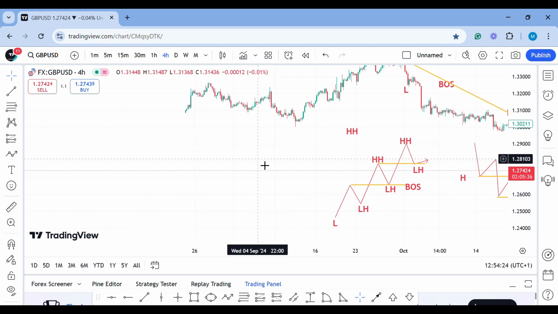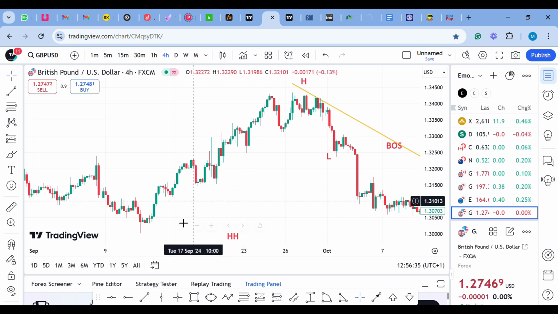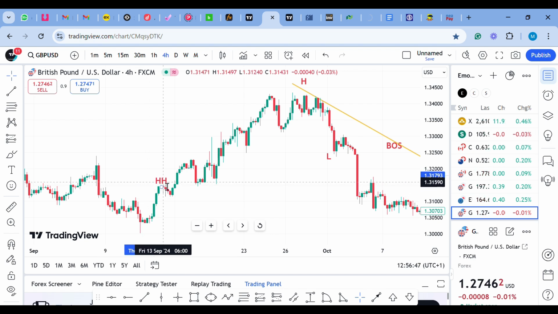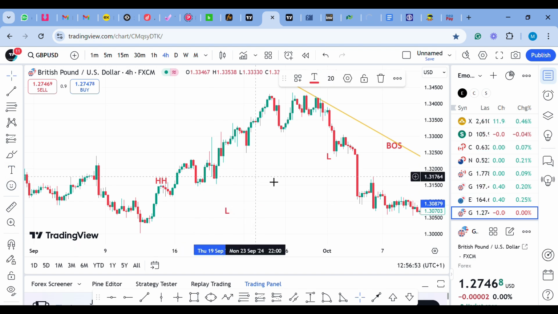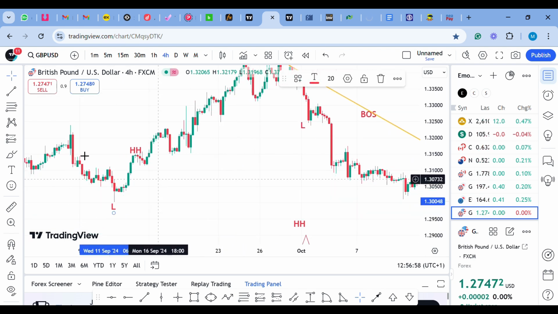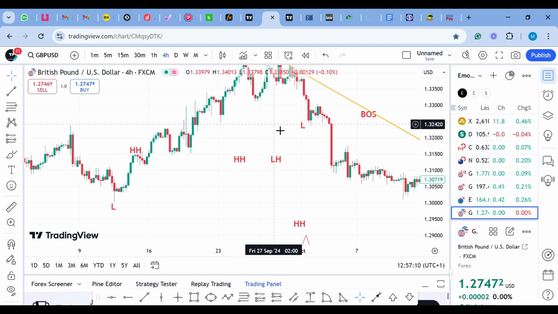Let's look for a proper uptrend. This is for an uptrend, trend line. I showed you these two will be enough.